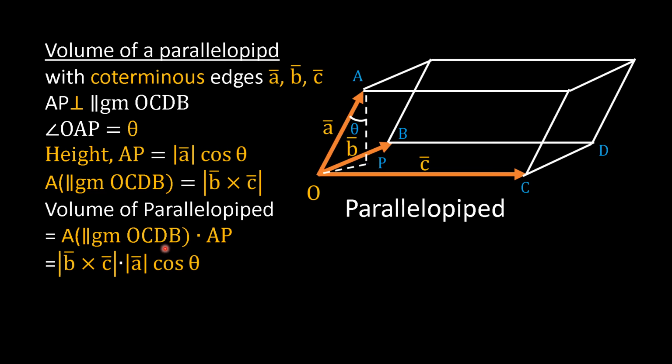Area of parallelogram OCDB is mod b bar cross c bar, which we write here, and height AP is mod a bar cos theta, which we write here.